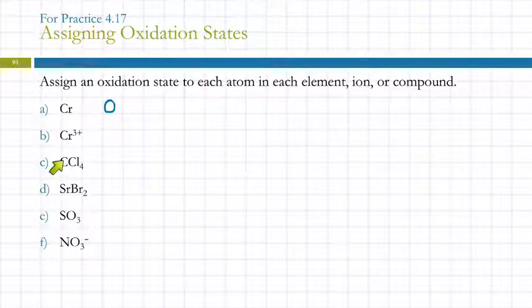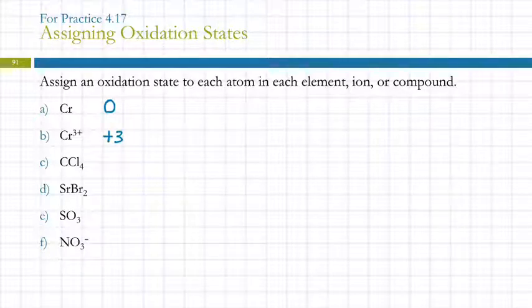How about the chromium-3 ion? The oxidation state will be the same as the charge. This is just a single atom. It'll be the same as the charge. So the oxidation state is +3. Let's look at CCl4. Here we have two nonmetals. We've got carbon and we've got chlorine.